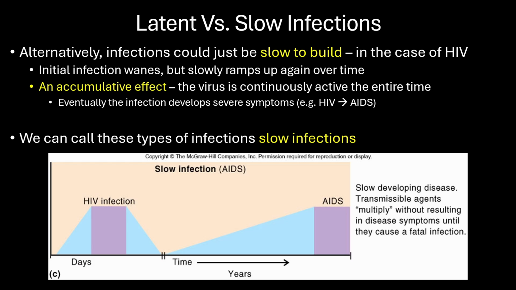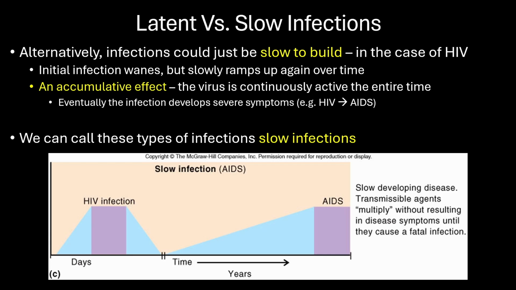A latent infection could also be something that is slow to build. This is when you have an initial infection, a spike, and then a waning effect, and then a slow ramping over time. This is the pattern for HIV, where your initial infection may have physical symptoms that impact you, and then over time that gets better, but then you have the retrovirus in your system that starts to accumulate and cause problems steadily over time.